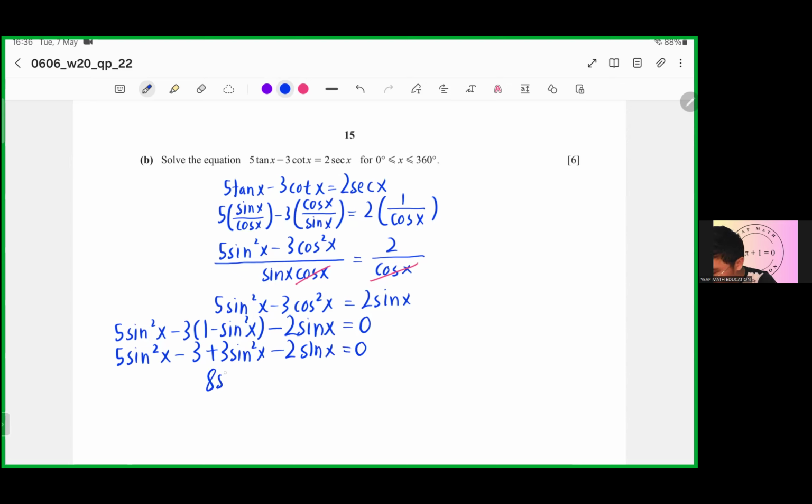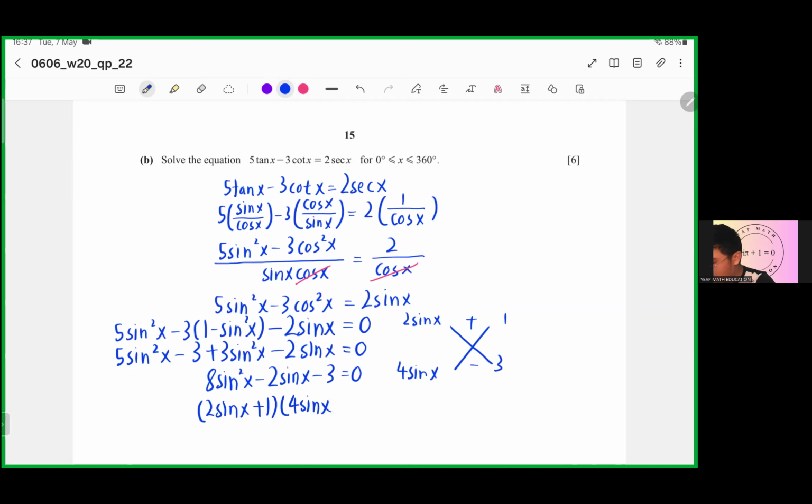So 8 sine squared minus 2 sine minus 3 equals 0. Then I factorize, and I get 2 sine x plus 1, and 4 sine minus 3 equals 0.